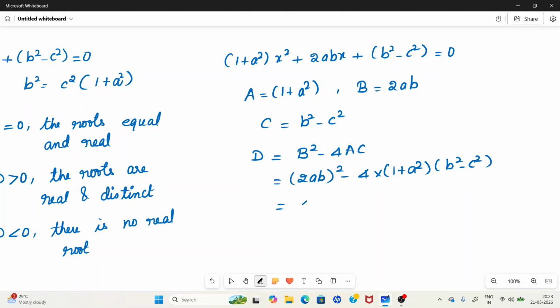That is equal to 4a²b² − 4(1 + a²)(b² − c²). Here 1 into (b² − c²) plus a² into (b² − c²).